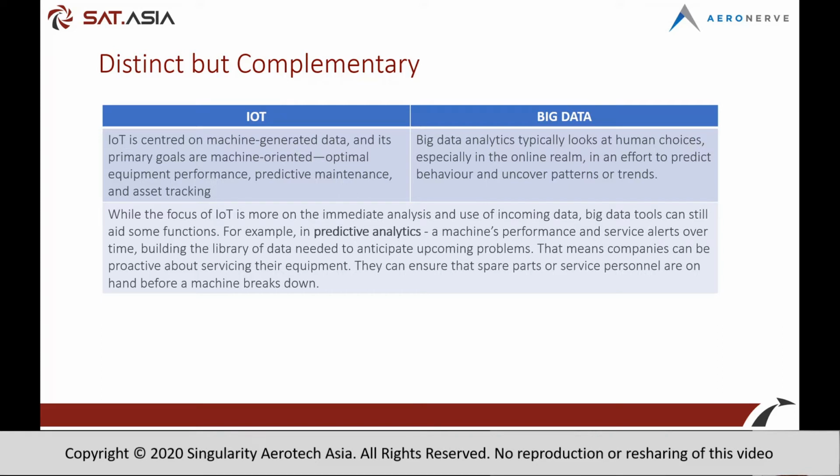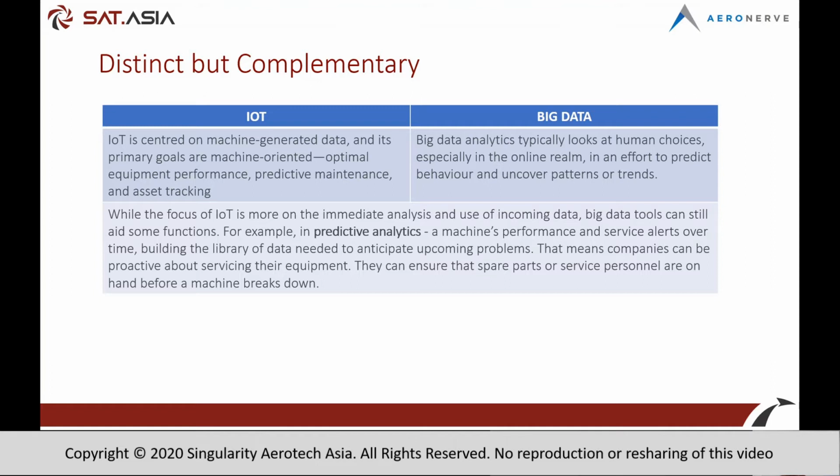And big data analytics typically looks at human choice. We see this a lot in online social media marketing, for example, where they use patterns to look into the behavior of humans, how humans make their decisions in buying stuff, or in deciding where to go for holidays, for example.